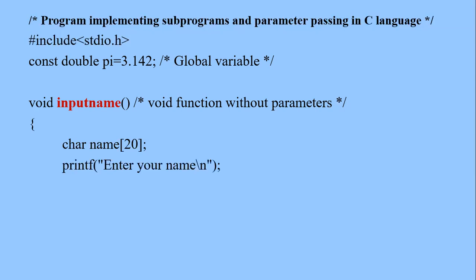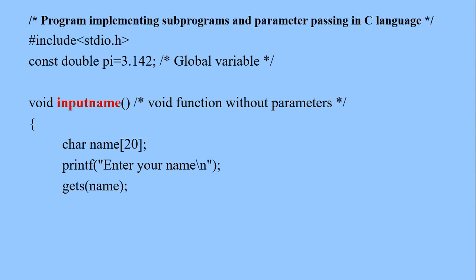And then the void function has a statement that requests the user to enter his or her name and then read the name entered. So enter your name. Then the next statement allows the processor to read the name entered.